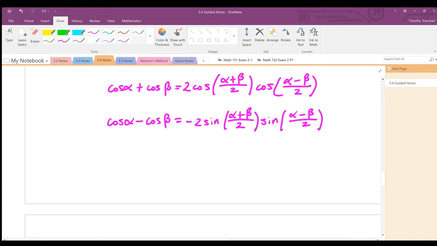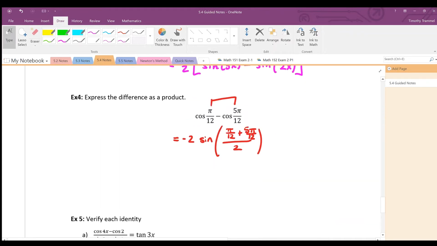So sine of alpha minus beta. So we have sine, we have our first angle, which is pi over 12, minus the second one, and then all over 2.